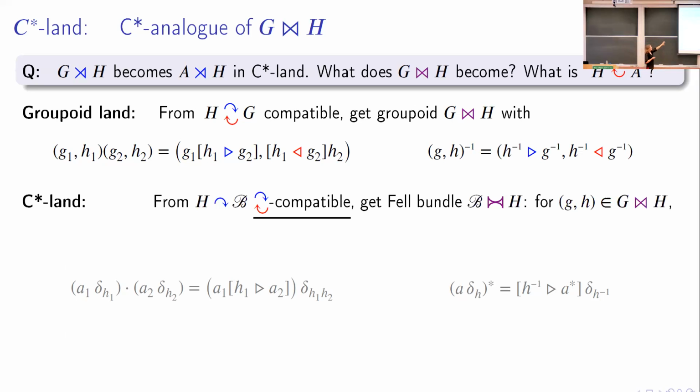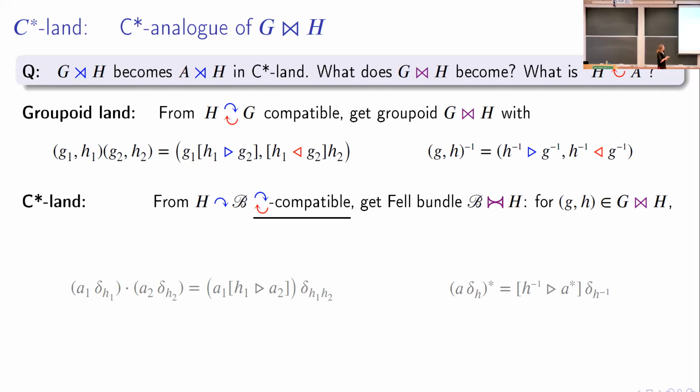And what I do is I start with a Fell bundle B over G, this other group, this groupoid group, and I have H act on that in a compatible way, whatever that means. So there are some conditions that this action needs to satisfy. And if I have that, I can construct another Fell bundle, which is this fancy bow tie symbol, just so that you know that it's not the algebraic one, but the C-star algebraic one.